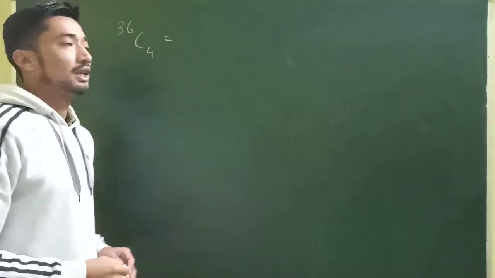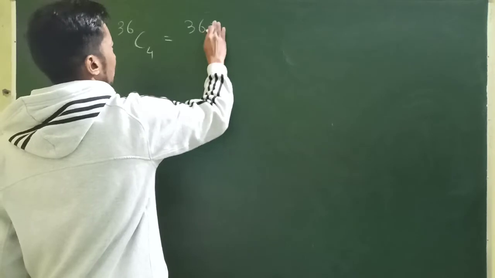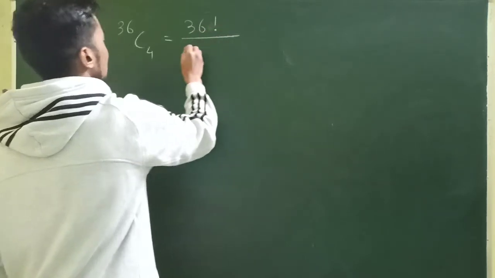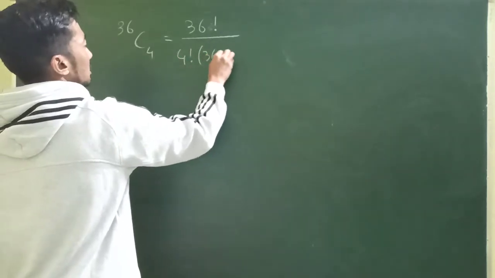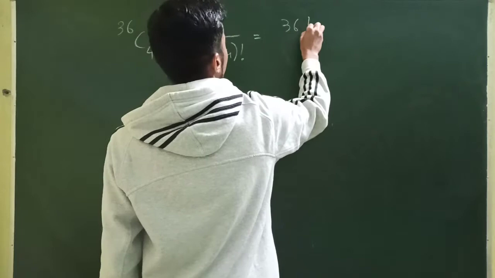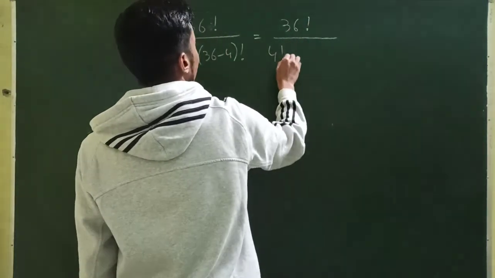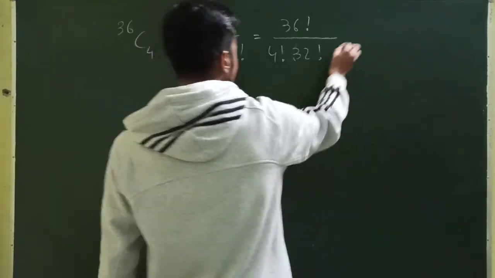Usual way of expanding. What do I have to do? 36 factorial by 4 factorial into 36 minus 4 factorial. I get 36 factorial by 4 factorial into 32 factorial.